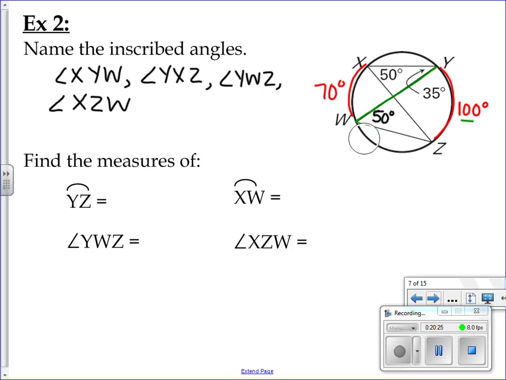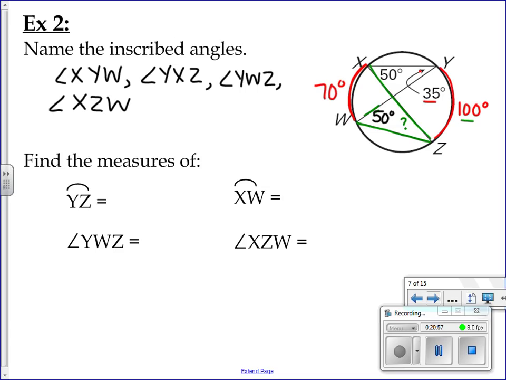Now let's say I wanted to look at that other angle. So the last angle that we had listed was XZW. Well, again, if I wanted to figure out this angle, it's opening up to the arc XW, which we knew earlier was 70 because we got it from this 35-degree angle.